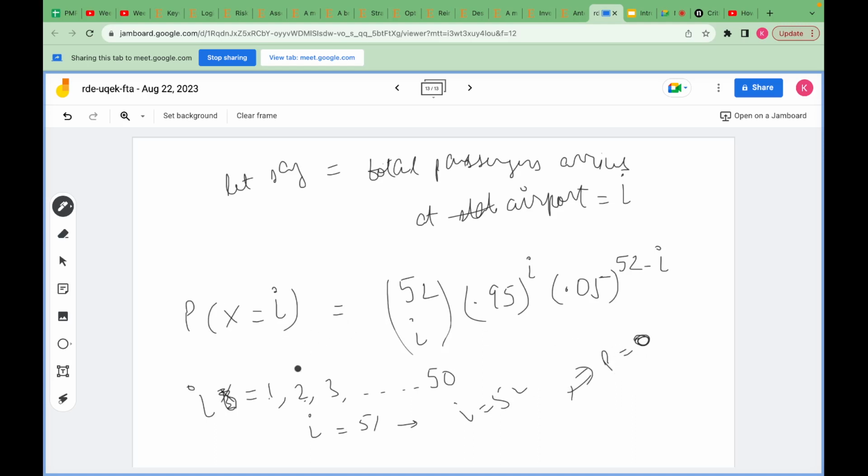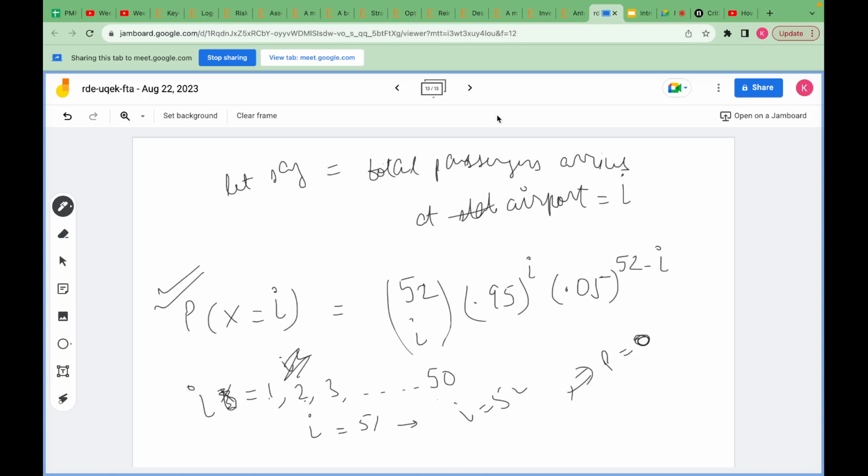But if I is between 1 and 50, then this formula can be used to calculate the probability.